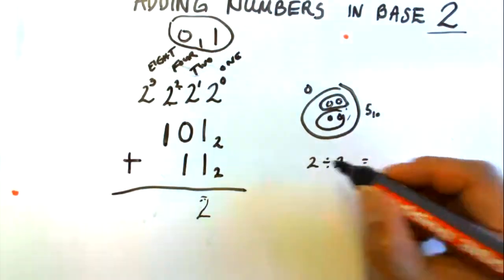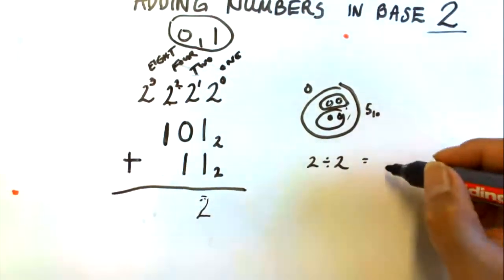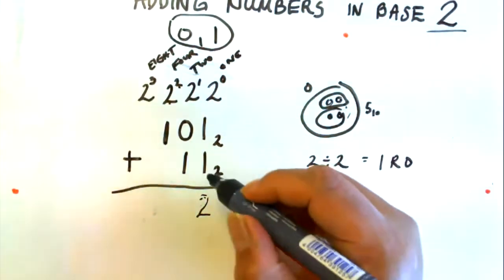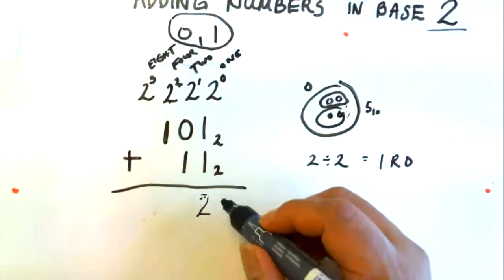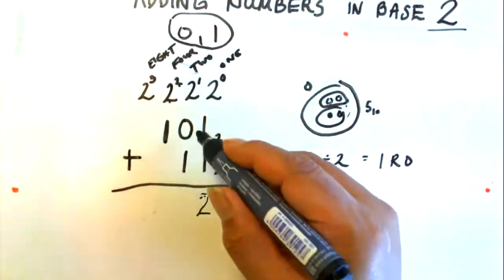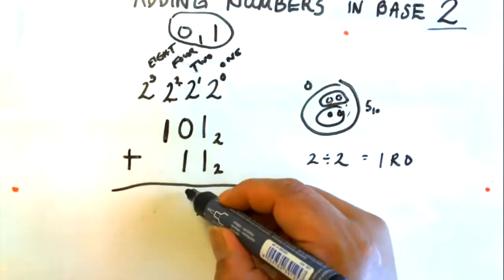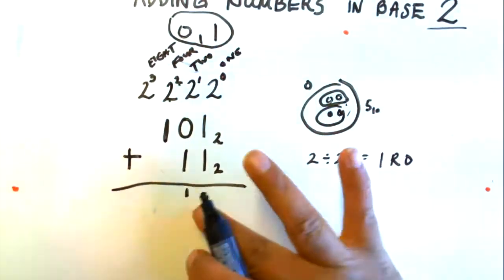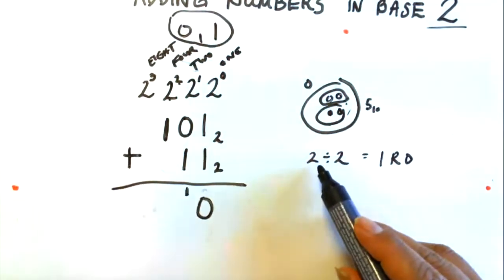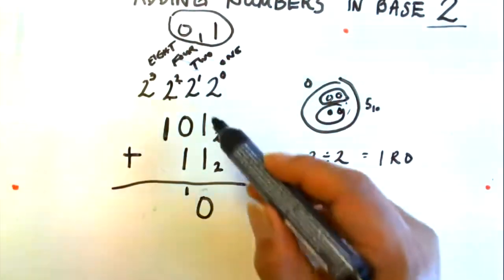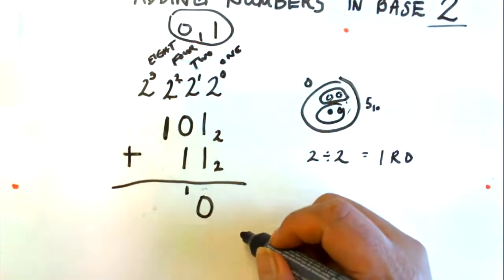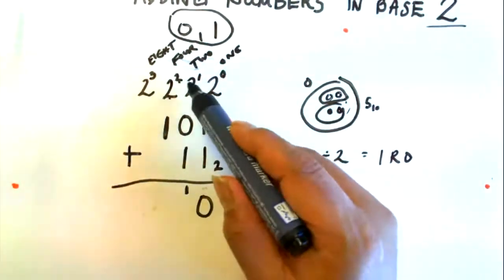The answer would be 1, remainder 0. So instead of carrying it in here, just like what other schools do, I'll carry it in here. 1, remainder 0. So 1 plus 1 is 1, remainder 0. That's your answer. Then we go to the next bit.